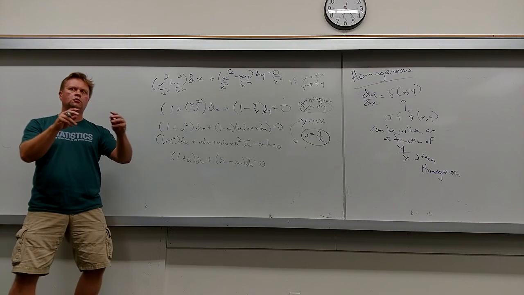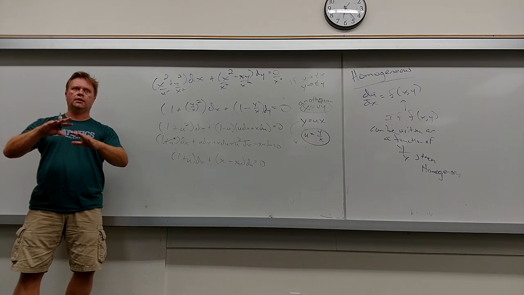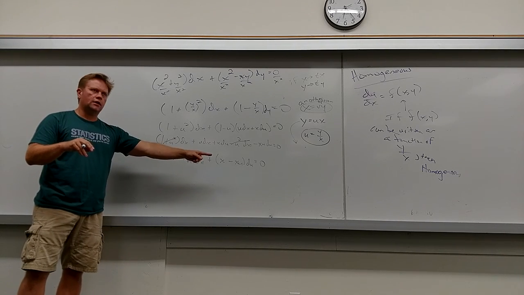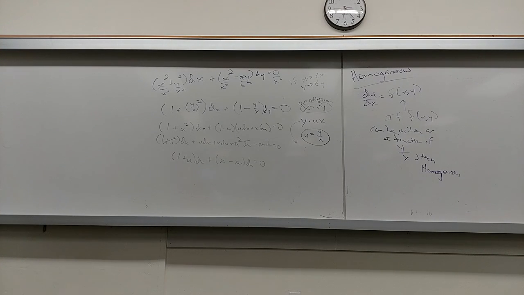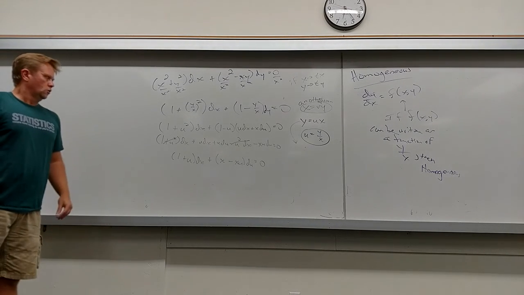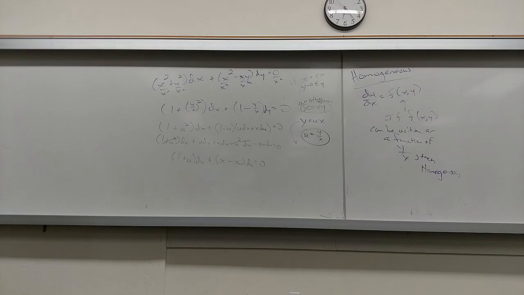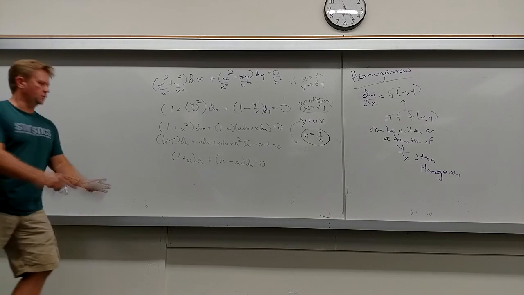Now, what you would hope for is that this substitution would make it easier somehow. Can you guys see what kind of thing this is? Let me help you out.